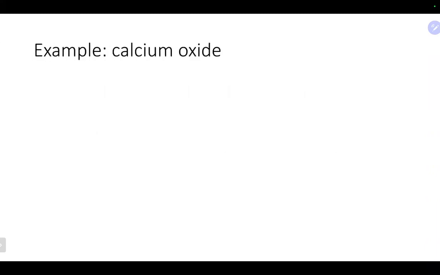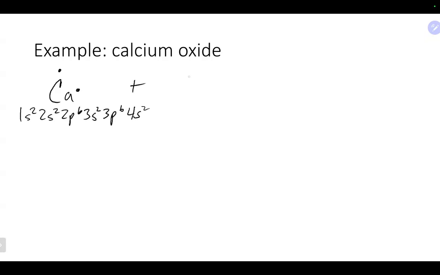Let's take a look at another example. Let's take a look at calcium. Calcium there is group 2 on the periodic table, which means it should have 2 valence electrons. It also would have an electron configuration of 20 electrons, which is 1s2, 2s2, 2p6, 3s2, 3p6, and 4s2.